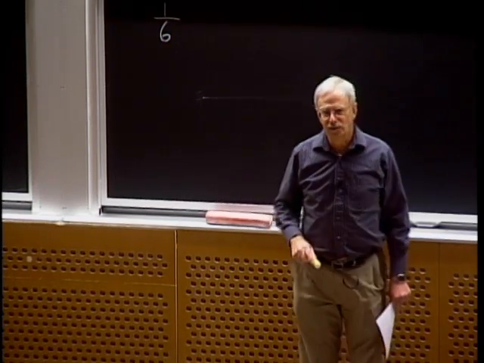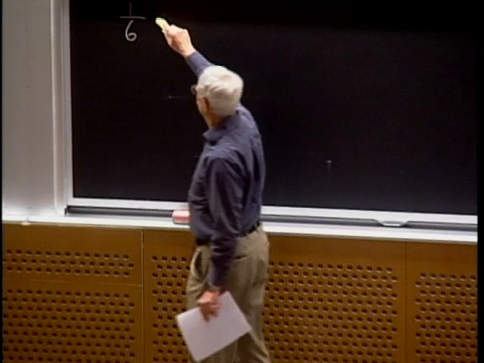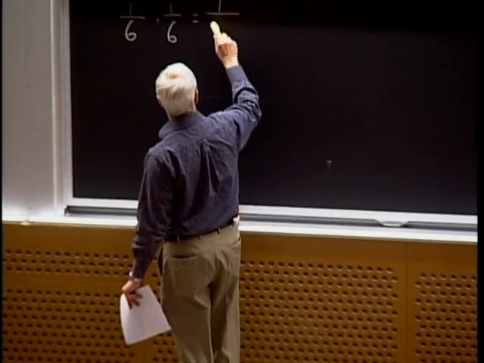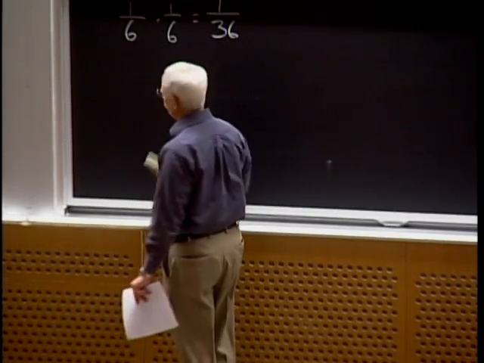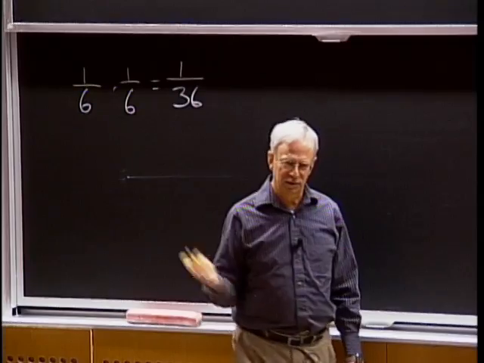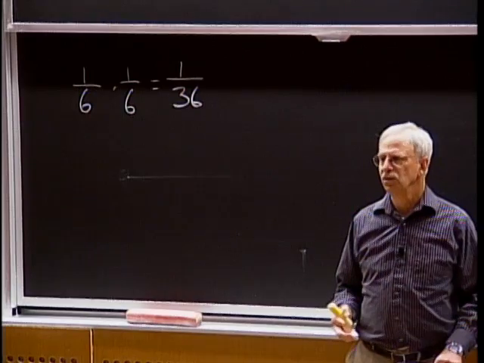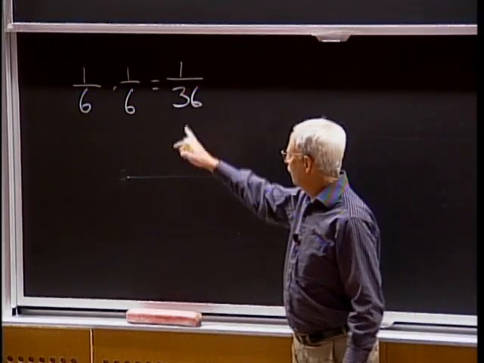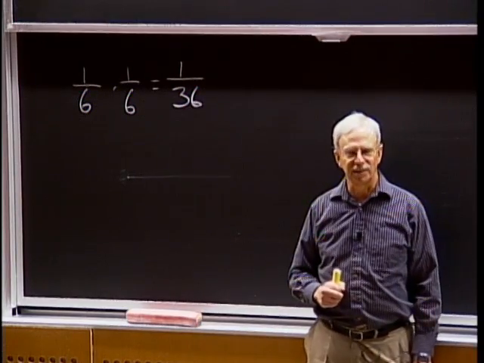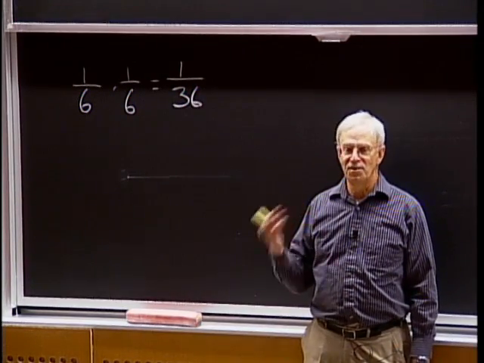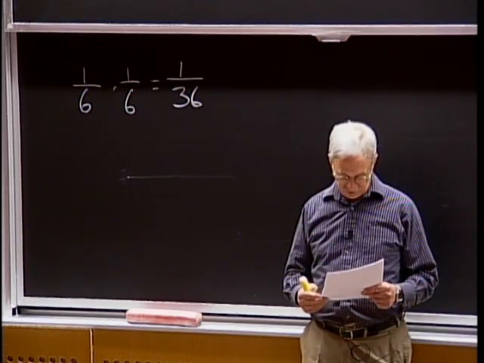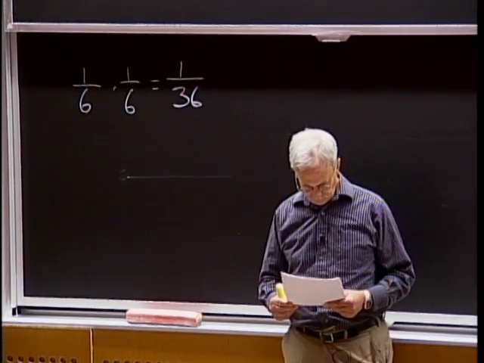The probability of not rolling a 6 with the next die is also 5 over 6. The probability of getting a double 6 is 1/36. So the probability of not getting a double 6 is 35/36. Right?